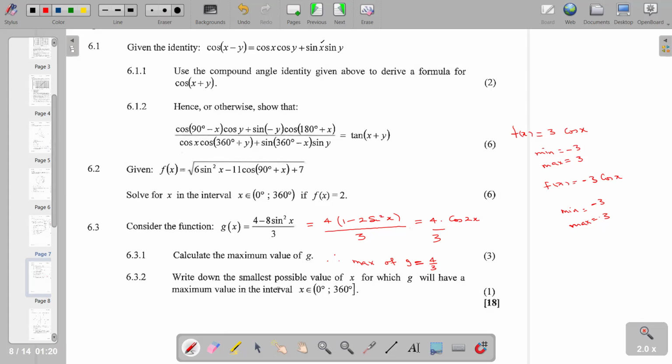So you have to take note that this numerator can only have a maximum value if this part is 0.